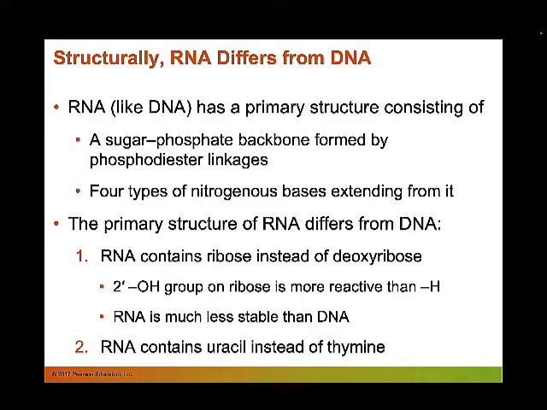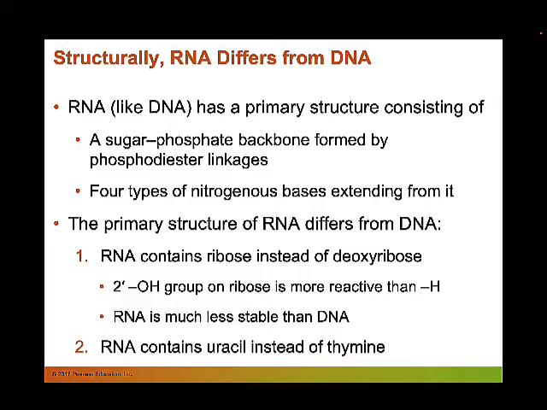So RNA, like DNA, has a primary structure that consists of that sugar phosphate backbone that's formed by phosphodiester linkages. And like DNA, it has 4 types of nitrogenous bases extending from it. But the primary structure of RNA differs slightly from DNA. And that's because RNA contains ribose instead of deoxyribose.